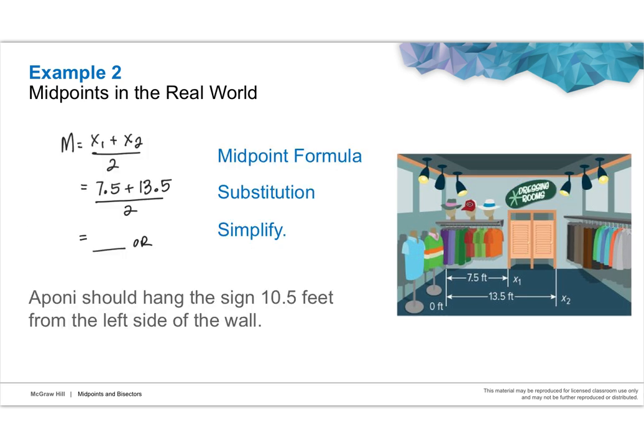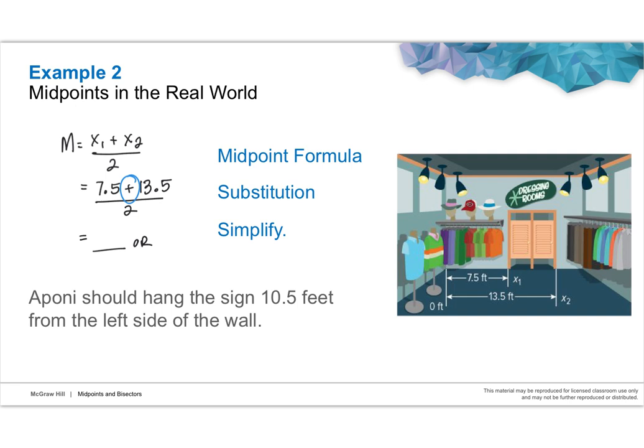So with the measurements applied to this dressing room picture, we can see the left edge of the dressing room doors is 7.5 feet from the corner of the room, and the right edge is 13.5 feet from the corner of the room. So of course, those are the values we see substituted in. And into our midpoint formula, remember, we are going to add, like when we're working on the midpoint arithmetic.